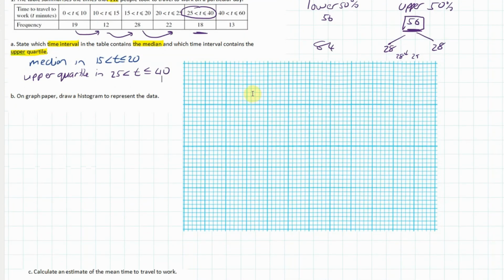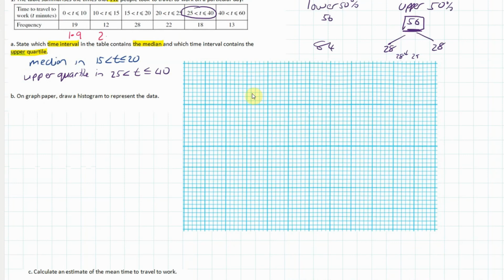Now we're going to draw a histogram to represent the data. In the histogram, I'm going to do frequency densities. So the frequency density here is 1.9 because 19 divided by 10 is 1.9. Then I'm going to do 12 divided by 5, which is 2.4.